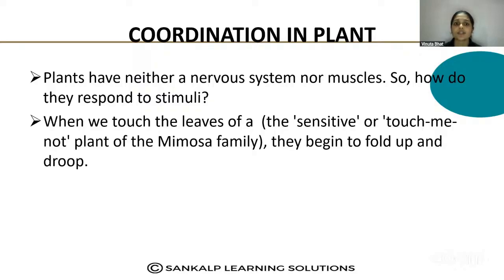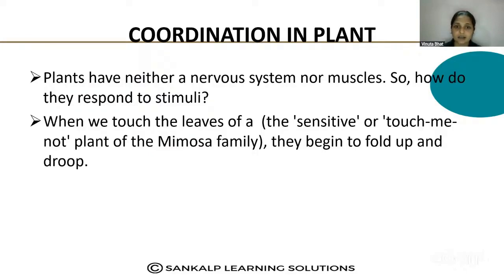No, there is no specialized system for this. But when we touch the leaves of the sensitive or touch-me-not plant of the mimosa family, they begin to fold up and droop. So just imagine, plants also show control and coordination, right?